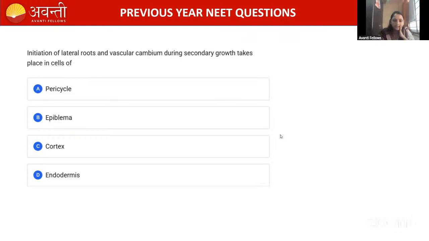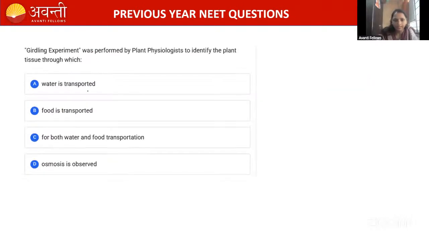The initiation of the lateral root and the vascular cambium mainly occurs in the pericycle. Option A is the correct answer.